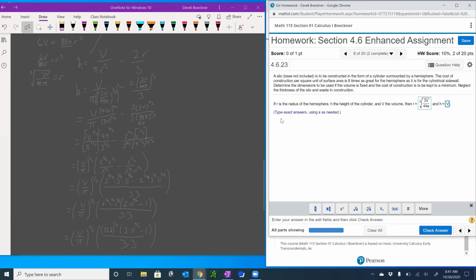Yeah. V over pi. I want a cube root of 3V over 44 pi.